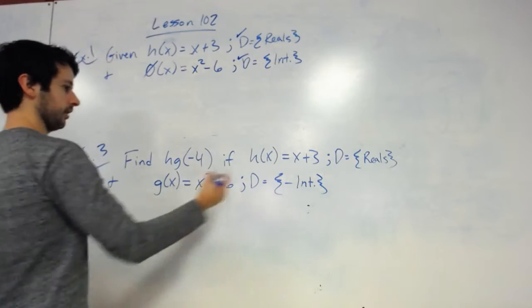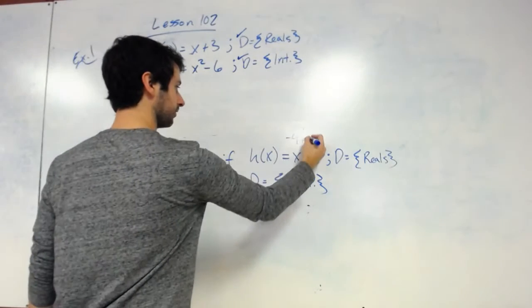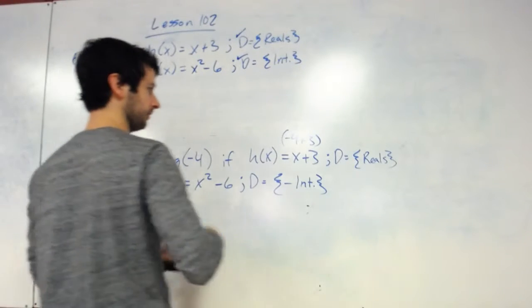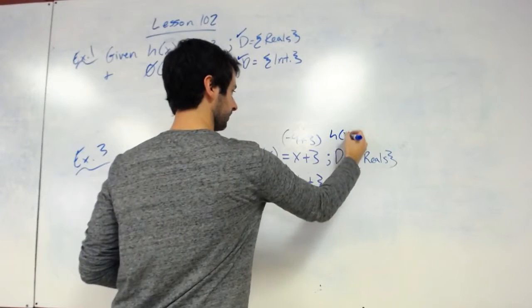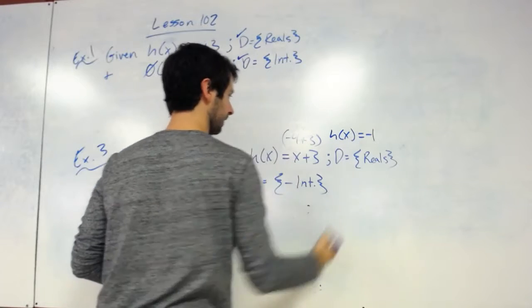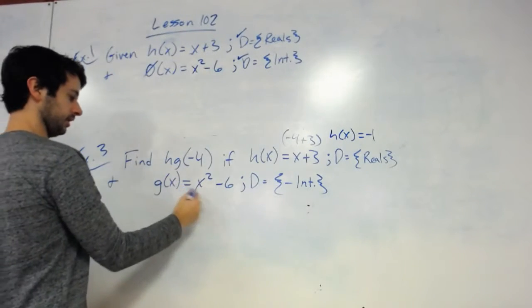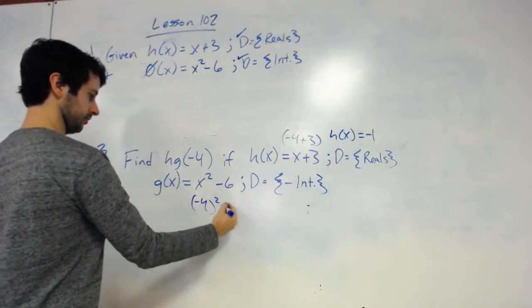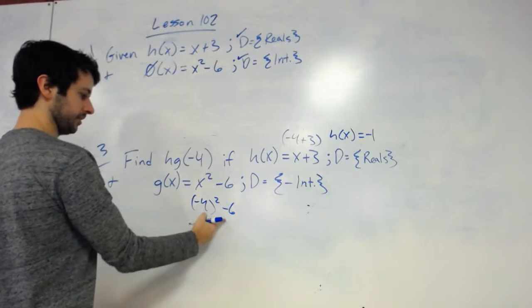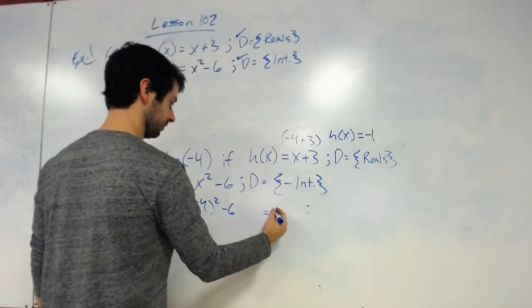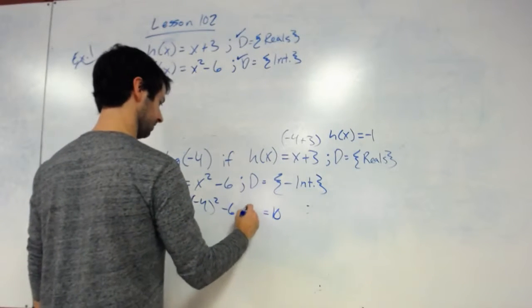So I can do negative 4 plus 3 and find that that is negative 1. Okay, find that h of x is negative 1. Then I could plug in the negative 4 here. So that'd be 16 minus 6, and that'd be a positive 10 for g of x.